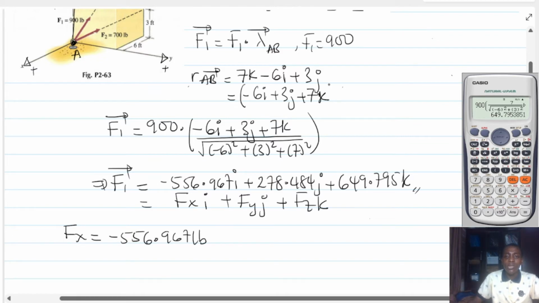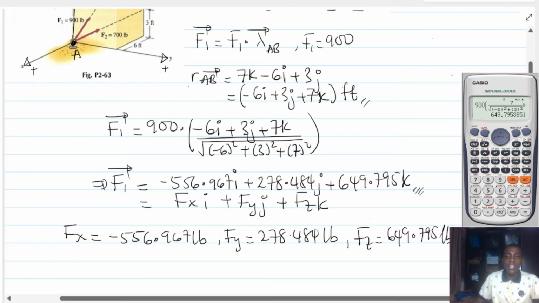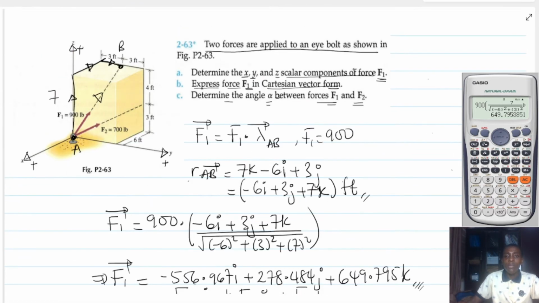Let's not forget that the position vector is in feet. The y component is 278.484 pounds, and finally, the z component is 649.795 pounds. If I write this in ijk form, that is what we call the Cartesian form. So I have been able to solve part A and part B together.